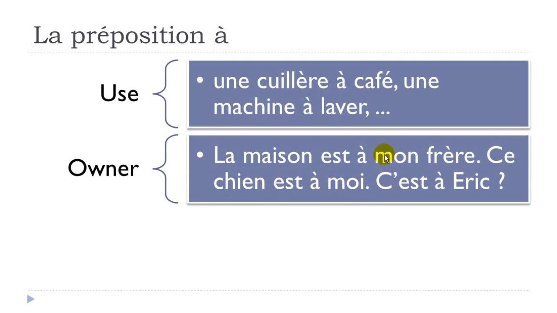So it's possible, like we've been seeing here, to put a noun after, or then you could put a pronoun, like here, à moi, or then you could put the name of the person. C'est à Eric. Does it belong to Eric? C'est à Eric. So it's a question in that case. All right. So it's quite commonly used, this à, when you want to say that the person is owning the thing.